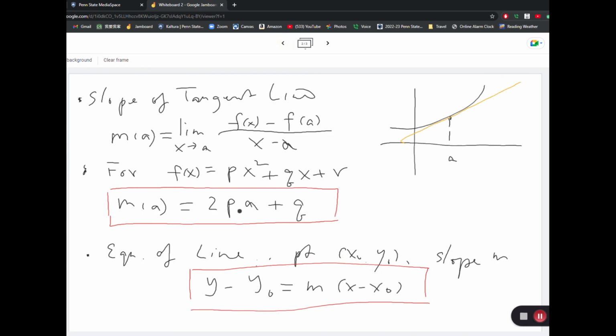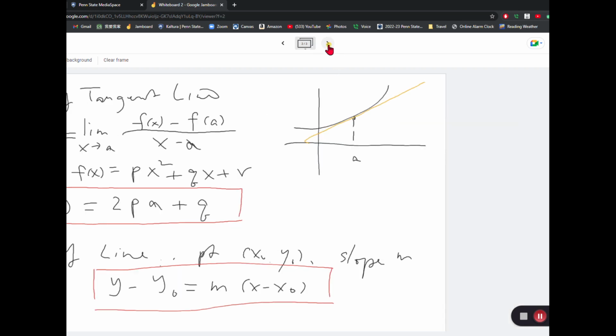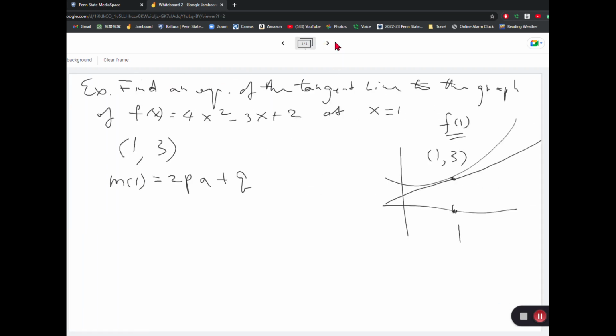This is the formula for the slope of the tangent line at location A. So A is 1, so it's going to be 2 times p. p is the coefficient of x squared, it's 4, times 1, plus q. q is the coefficient of x, that's negative 3. So what is this? 2 times 4 is 8, 8 minus 3 is 5. So the slope is 5.